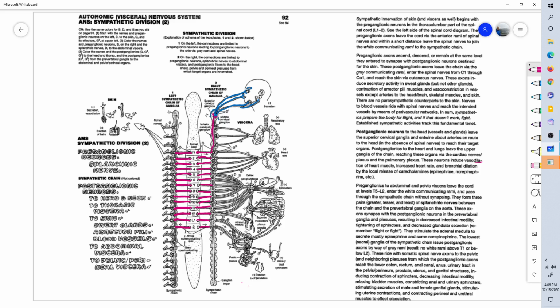The middle cervical ganglion, of course, the synapse would occur right here in this middle cervical ganglion, and the postganglionic signal would move out to the lungs and innervate the lungs.